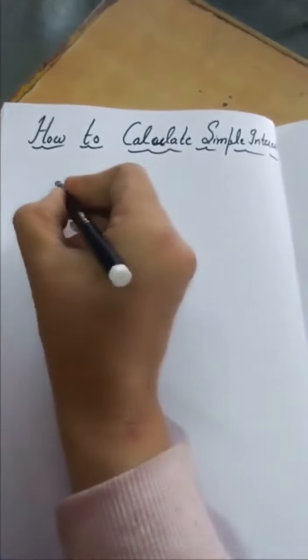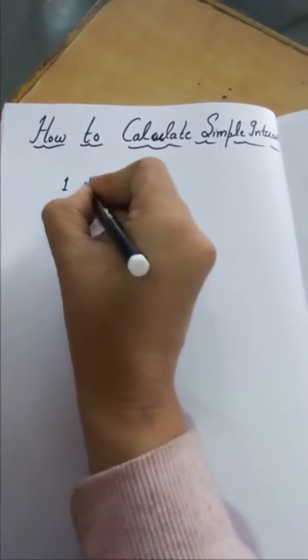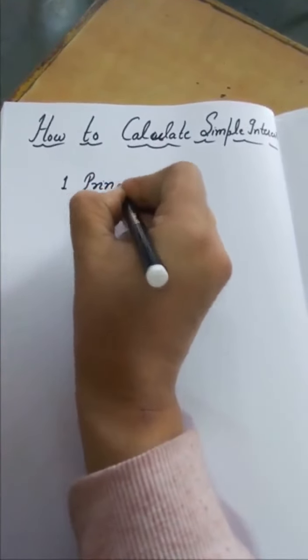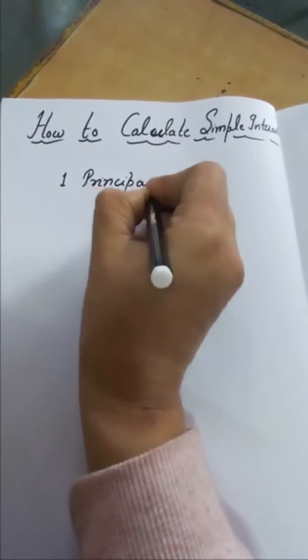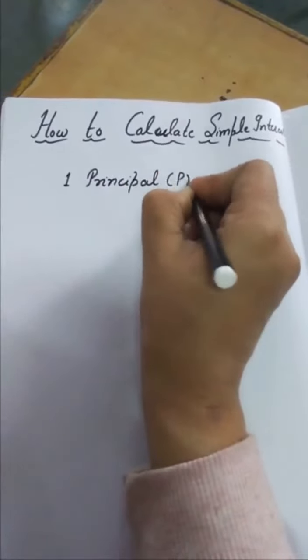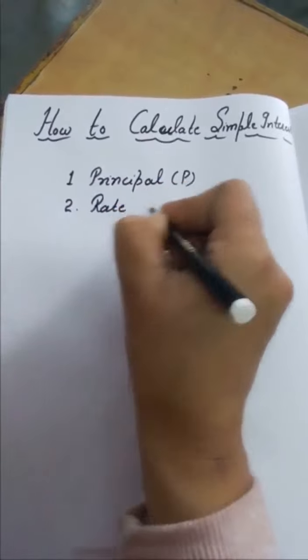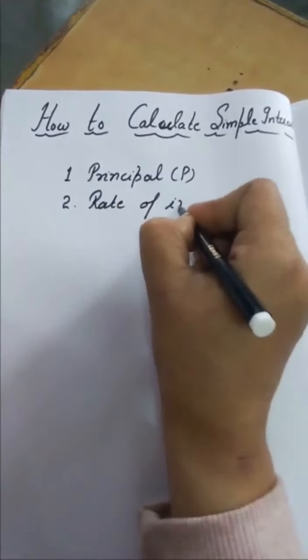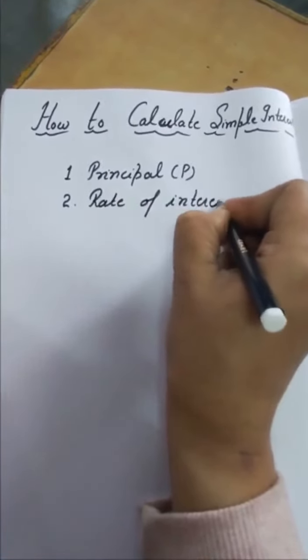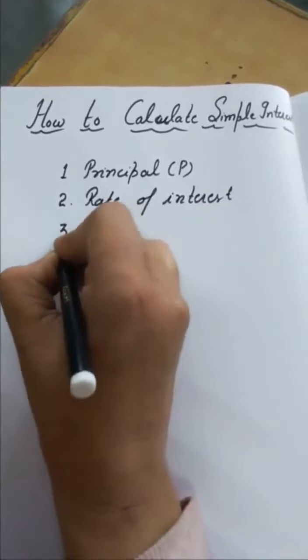Let me explain. First one is principal. Second, rate of interest. And the third one is time.